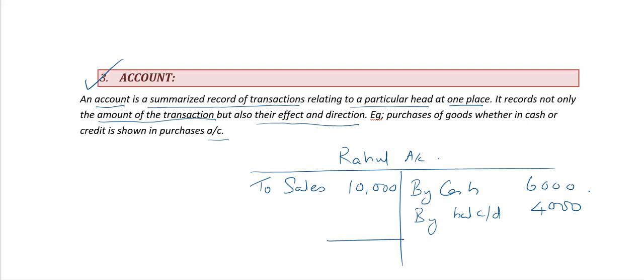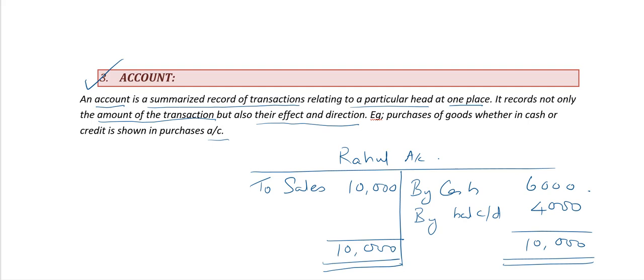Now this is an example of an account of Rahul wherein all transactions relating to Rahul are recorded in the same head. When you sell goods to Rahul, you put it on the left side. When Rahul pays cash of 6,000, it's put on the right side.